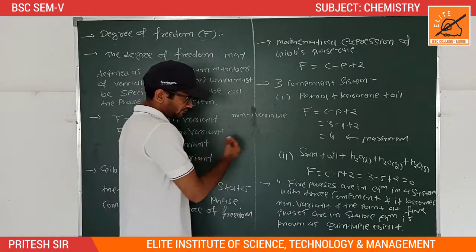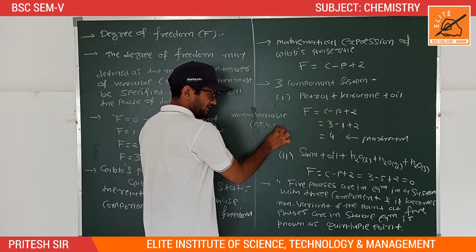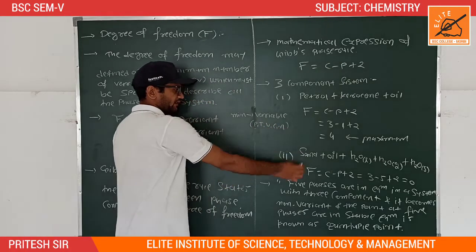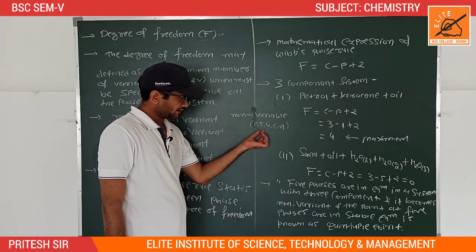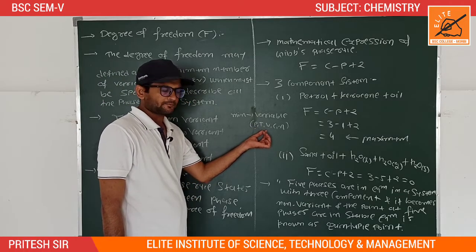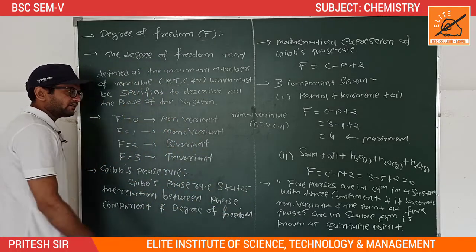It means thermodynamic variables like pressure, temperature, volume, concentration, mole, etc. So how many minimum thermodynamic variables are required to specify all the phases of the system?